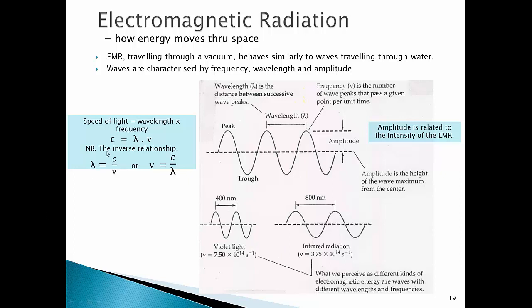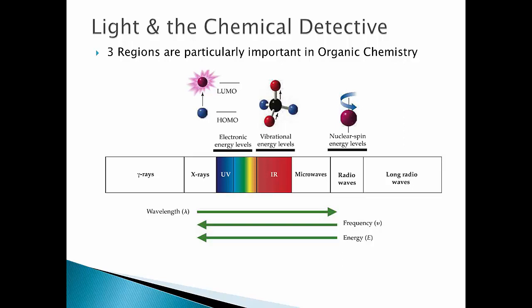What units and formulas do we have? We have the speed of light equals the wavelength times the frequency, and this shows an inverse relationship. So the wavelength has an inverse relationship to the frequency.